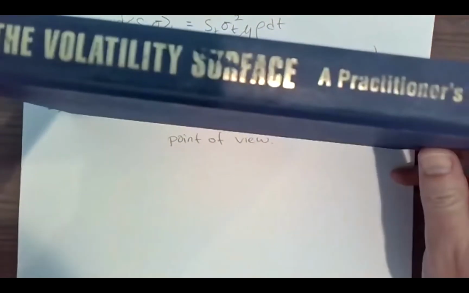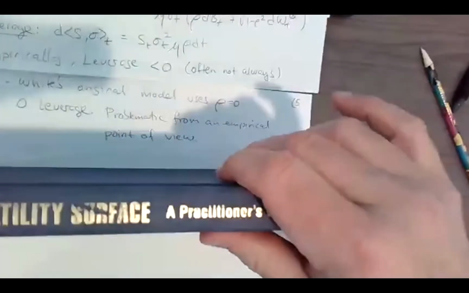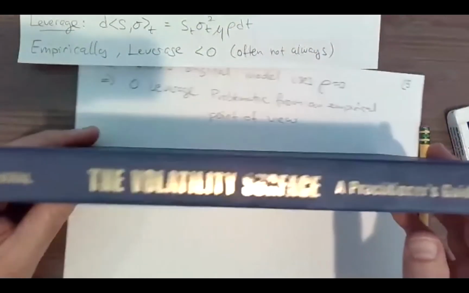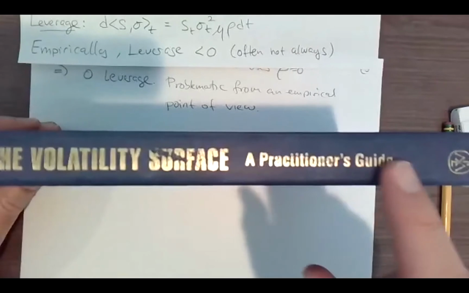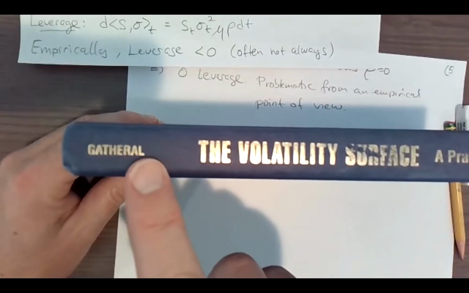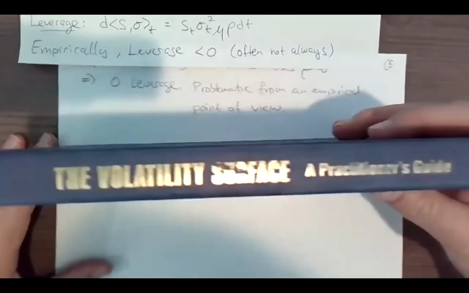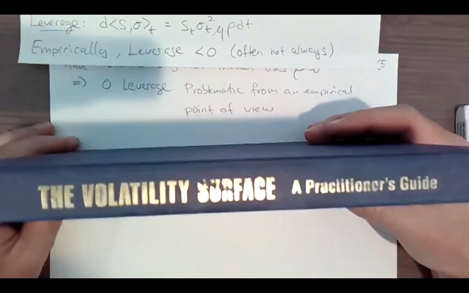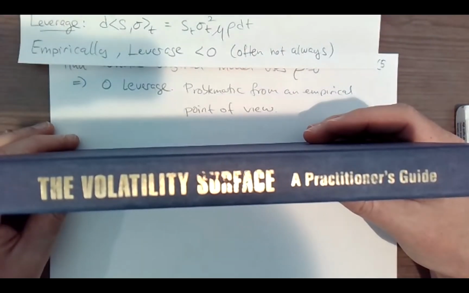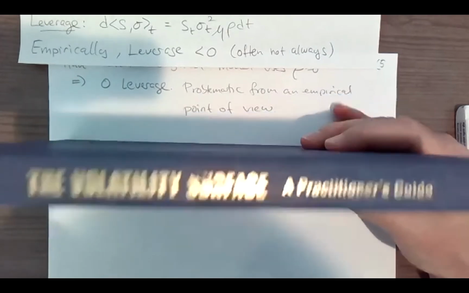It's called The Volatility Surface: A Practitioner's Guide, written by Jim Gatheral, who runs a master's program up here on the northeast coast. You can look up Jim Gatheral.